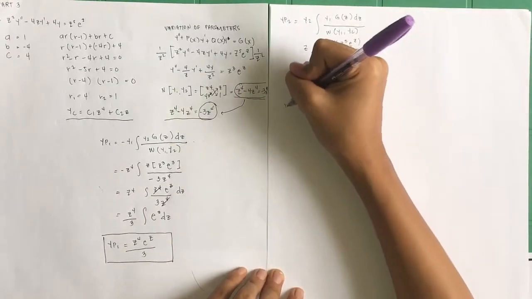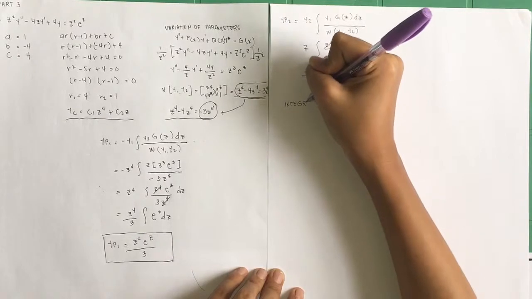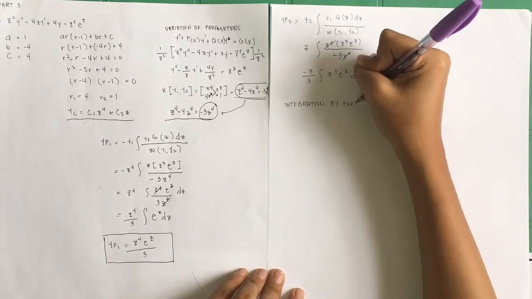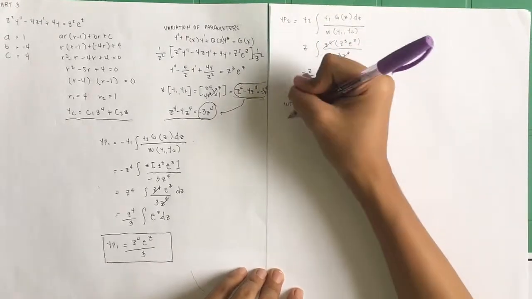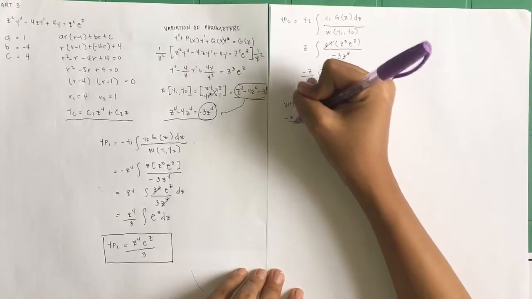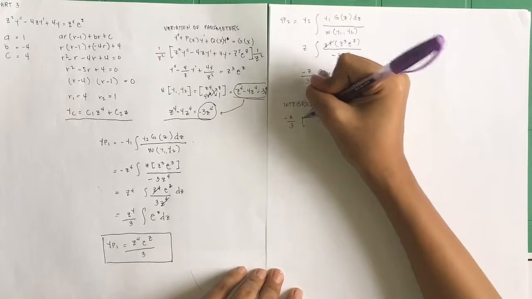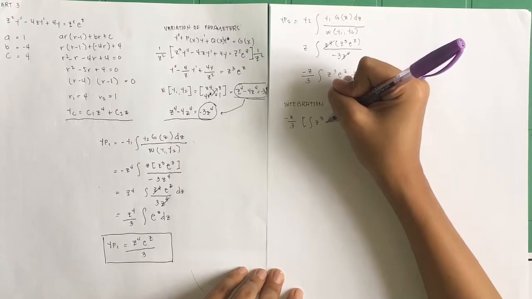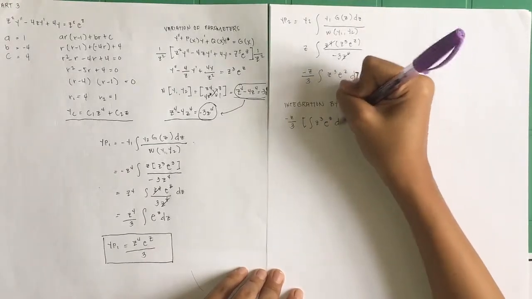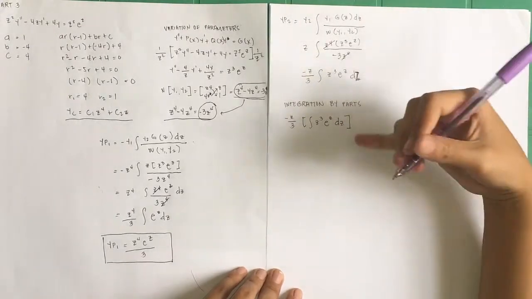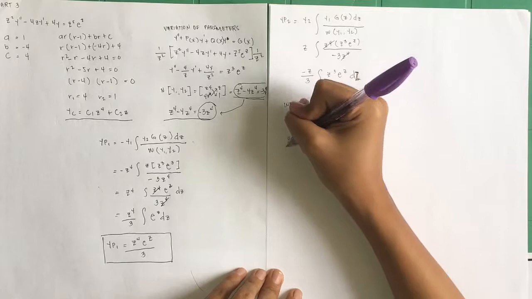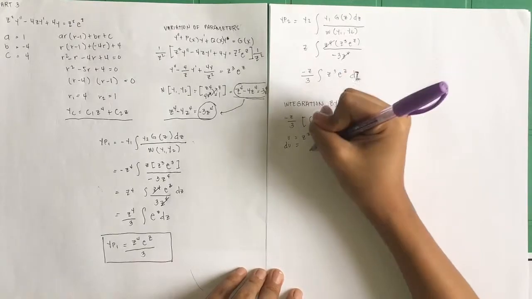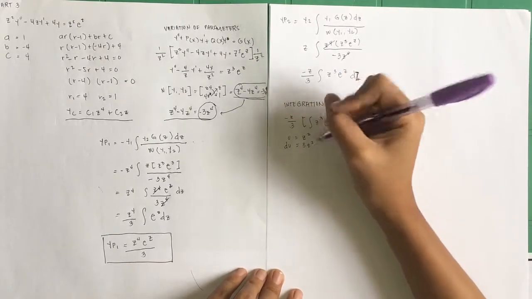Now we will use integration by parts. Write the u and du. u is equal to z cubed, while du is equal to 3z squared.